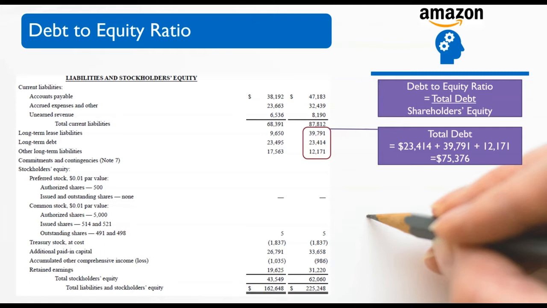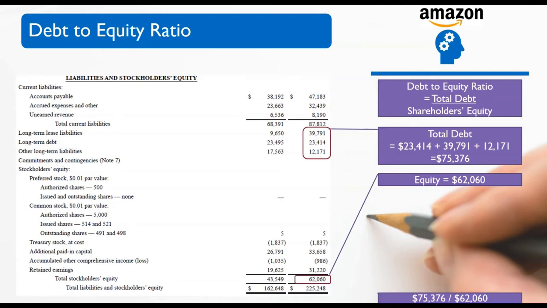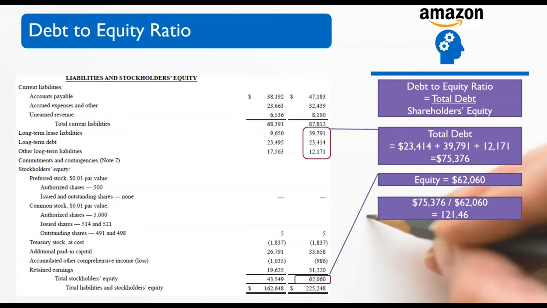This includes the long-term lease liabilities, long-term debt, and other long-term liabilities on its books. Next, we find its shareholders' equity amount of around $62.1 billion. Once we take these amounts, we come up with a ratio of around 121.46.